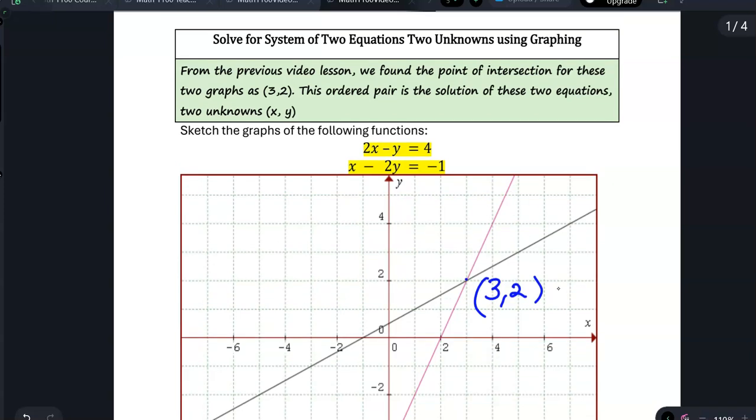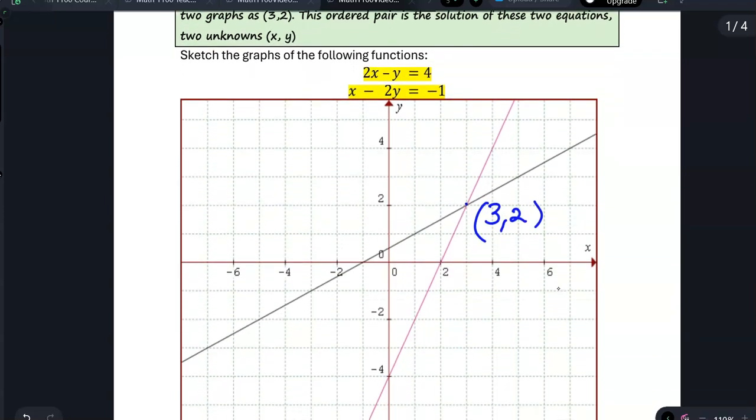Alright. So using the graphing method, in the previous video we looked for the x-intercept and y-intercept. This is the x-intercept, this is the y-intercept, and we connect them like this to have two straight lines, like two linear equations, on this Cartesian plane.